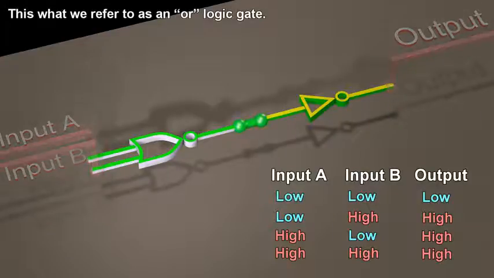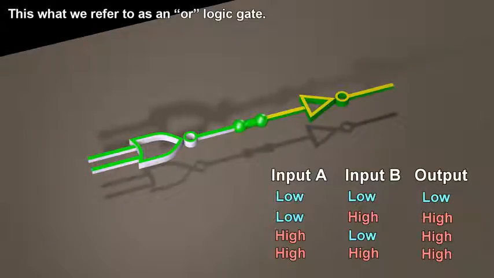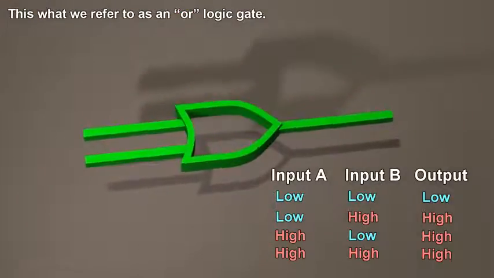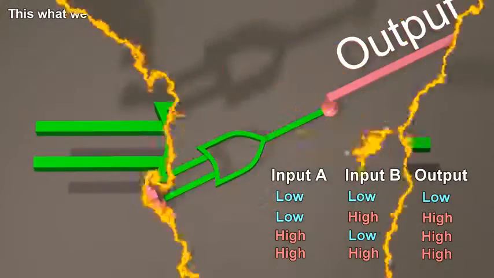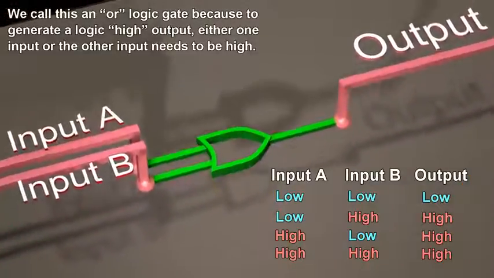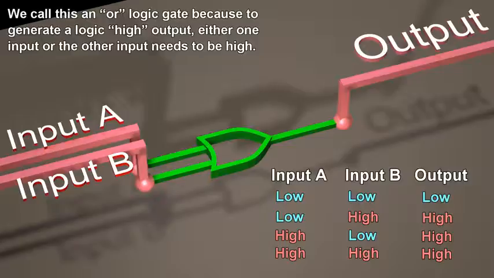This is what we refer to as an OR logic gate. We call this an OR logic gate because to generate a logic high output, either the first input or the second input needs to be high.